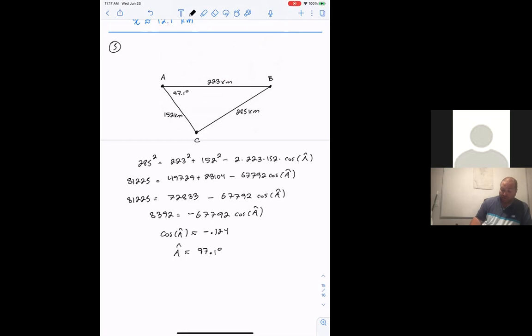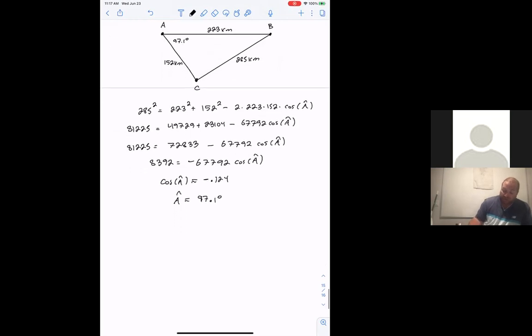So now we have the biggest angle. Next biggest will be C, so we're going to use the law of sines. Now that we have an angle-side pair and something else, I'm looking for an angle, so the angle's on top. Sine of 97.1 degrees over 285 is approximately sine of angle C over 223.